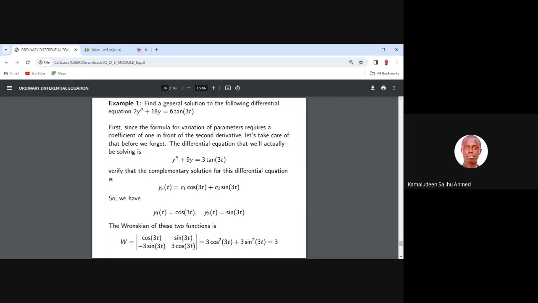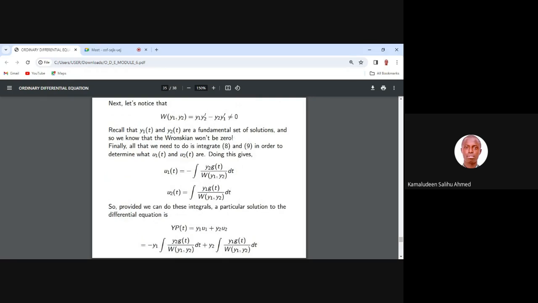is equal to 3. The moment you have the Wronskian equal to 0, you can't even proceed anymore, because you can't have a fraction over zero. Even in your calculator, you'll get a syntax error. You can't write a mathematical expression as something over zero.